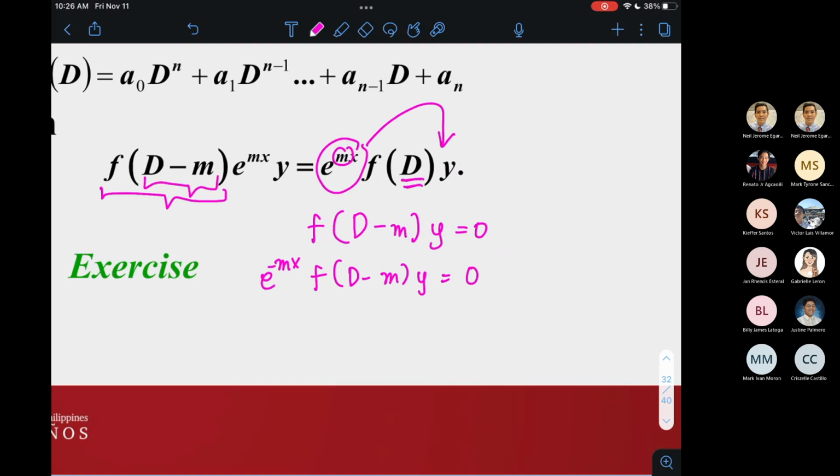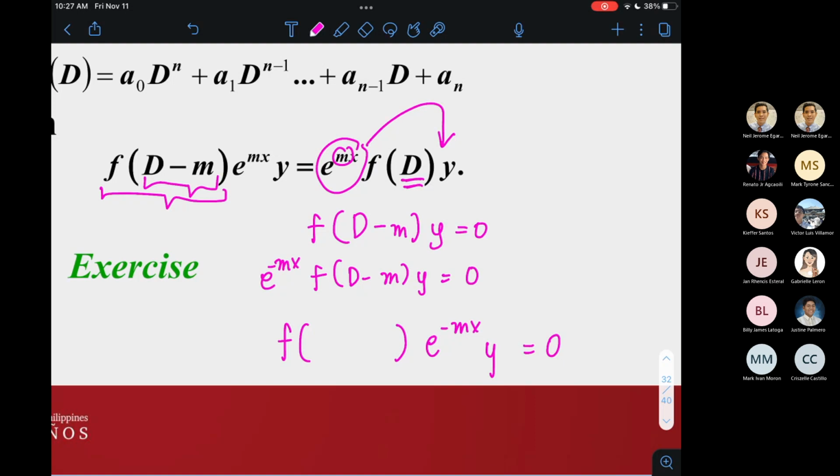Right? So, that's why here, I want to multiply pala both sides by e to the negative mx. Para pag ginamit ko yung exponential shift theorem backwards, so ipapasok ko ngayon, magkakaroon ako ng f of something, papasok yung e to the negative mx dun sa loob, times y, equal kay 0 pa rin yan, okay?